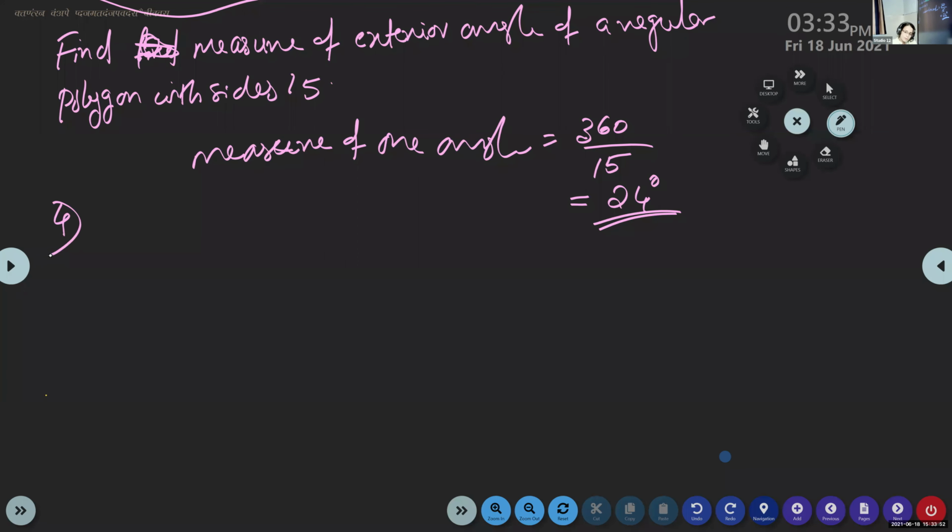If we know the measure of the exterior angle, we can easily find it using our formula. If the interior angle is given, what will we do?